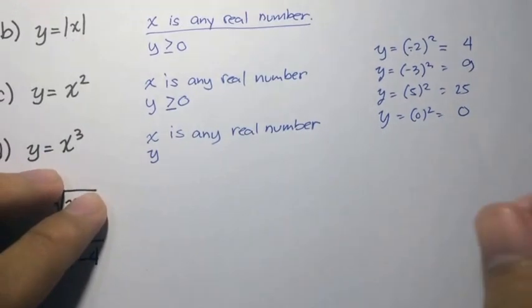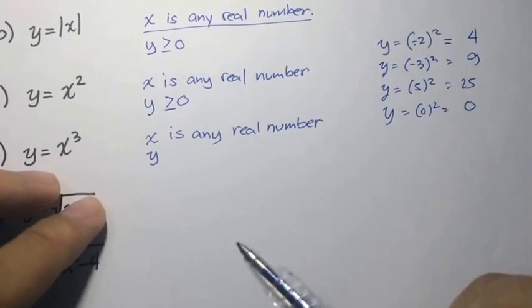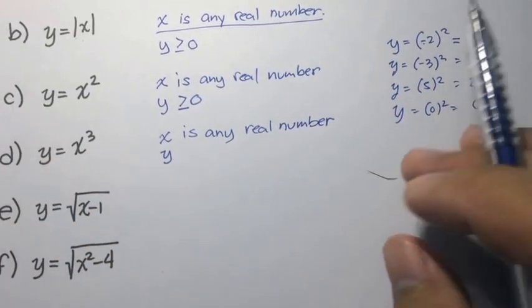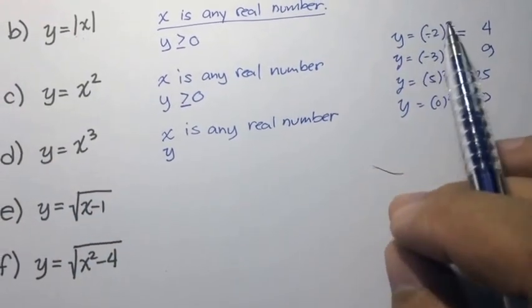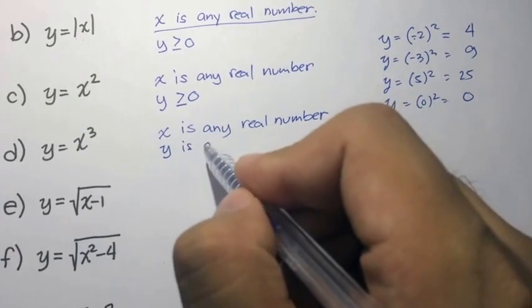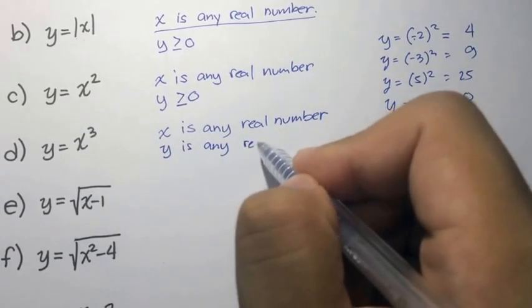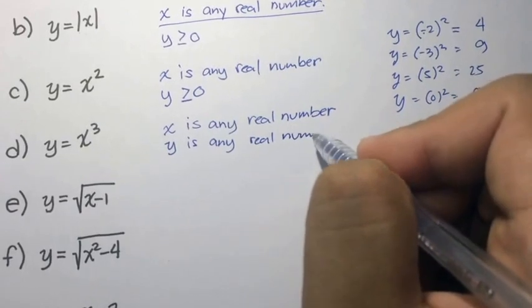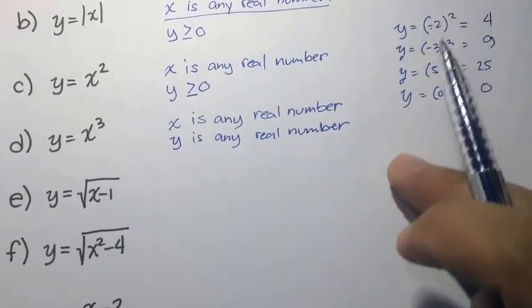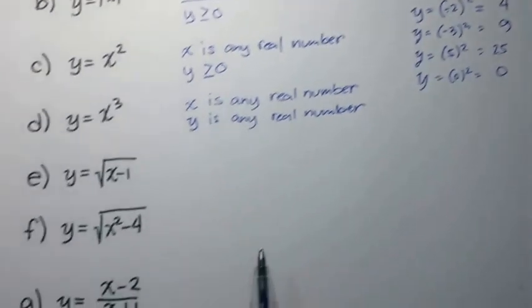If I cube a positive number, I get a positive number. If I cube 0, I get 0. So I get all the numbers in the number line. In other words, y can also be any real number. So both my domain and range are the same for letter D.